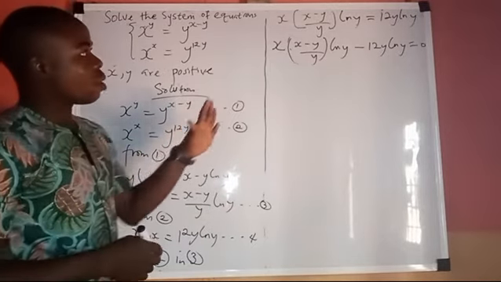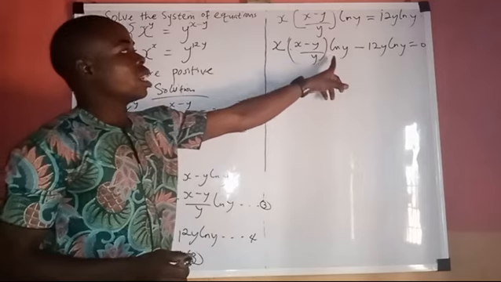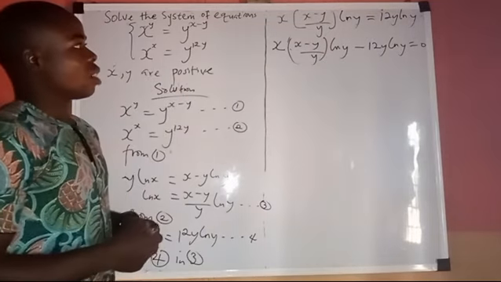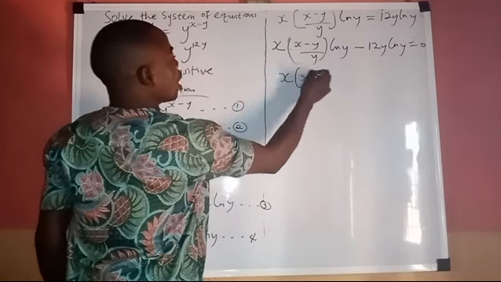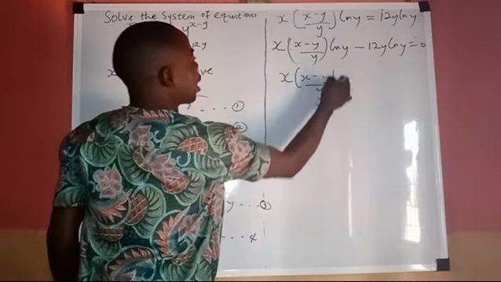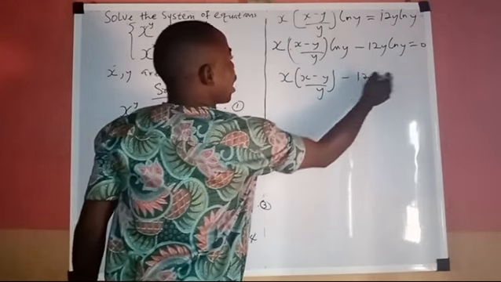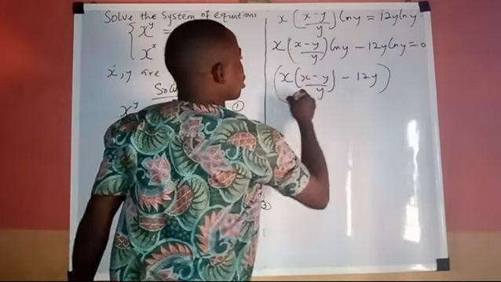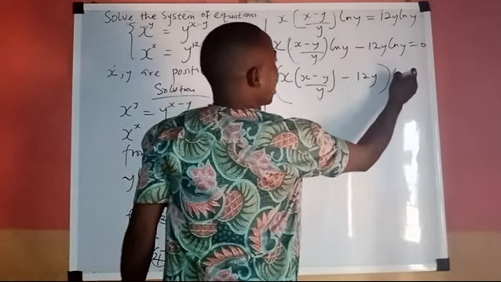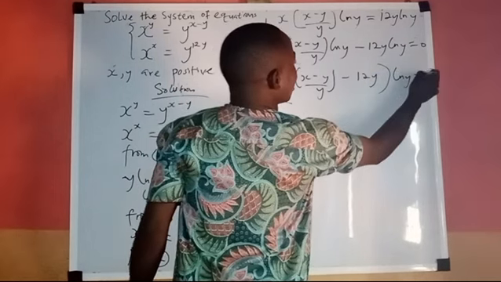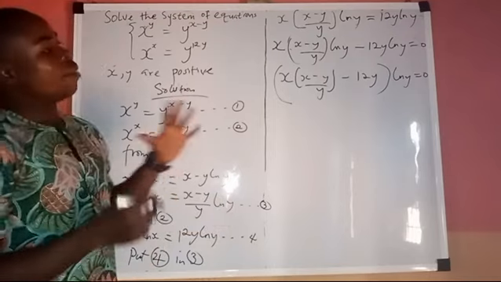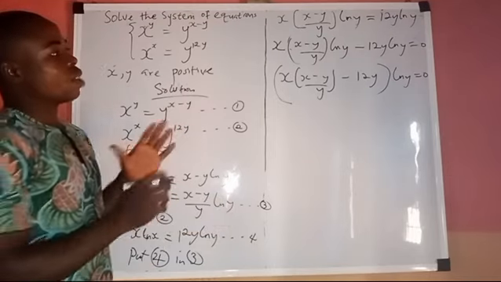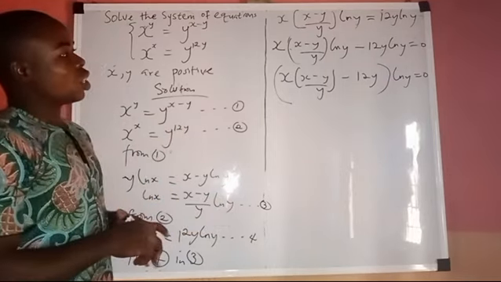So what we are going to do again is simplify further by factorizing ln y. If we do that, we have x times (x minus y) divided by y, minus 12y, and then it is all multiplied by ln y, and it is equal to 0. At this point, you see that we have two factors multiplying each other, and the product is equal to 0.